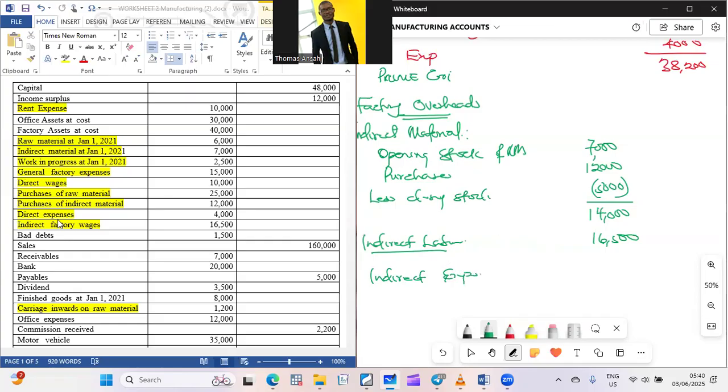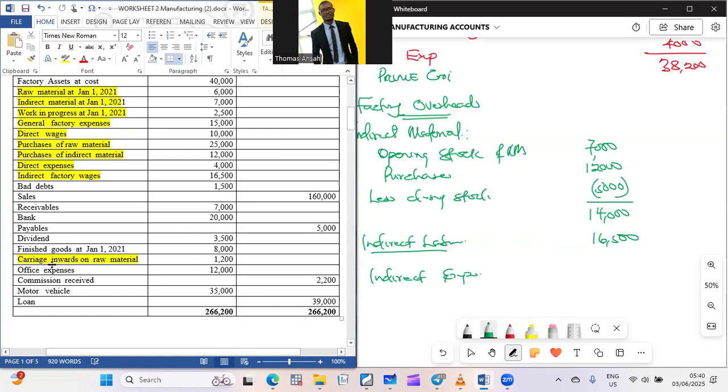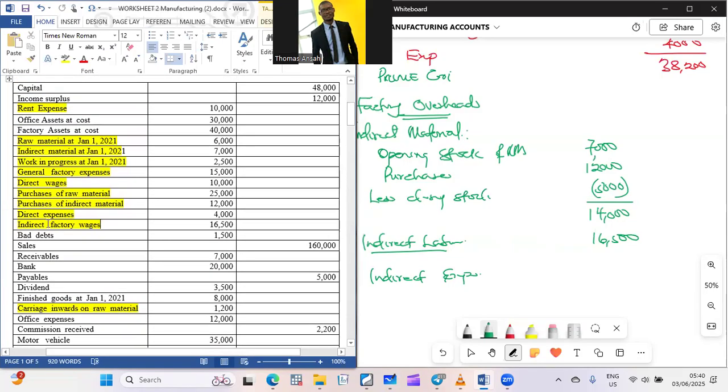So where are you? Indirect expenses. There was a general factory expenses. That's how much? 15,000.